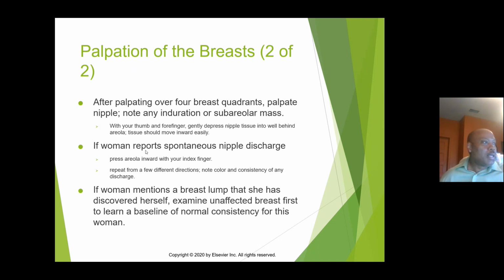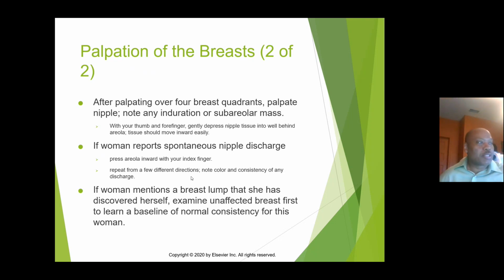And check out how we would assess the nipple. It talks about with the thumb and also forefinger, and of course we're gently doing this. We depress the nipple tissue into the well behind the areola. And so the tissue should move inward fairly easily, right?